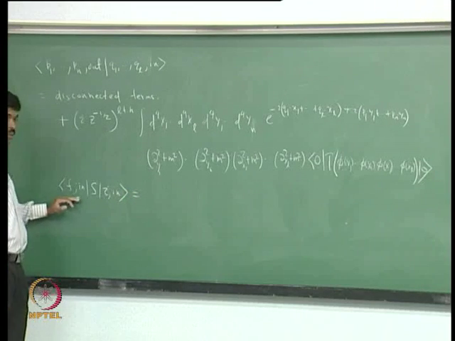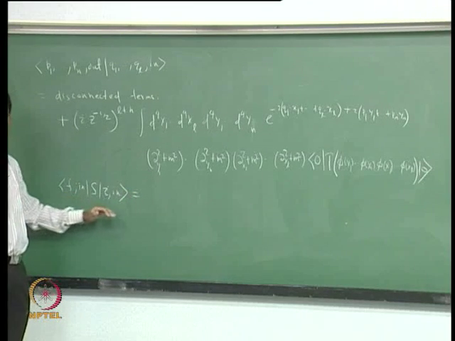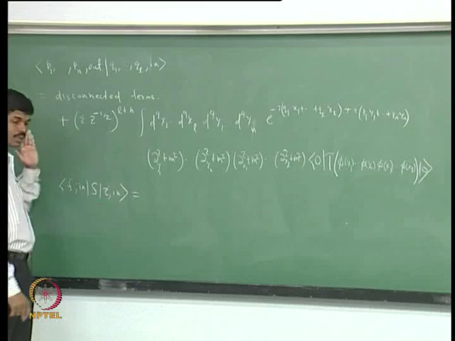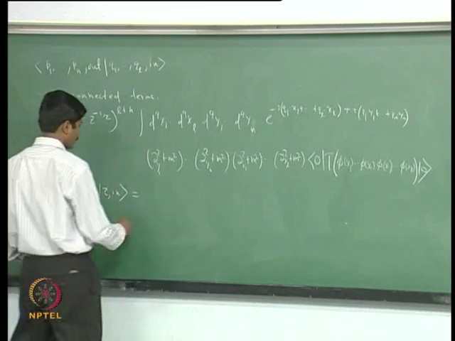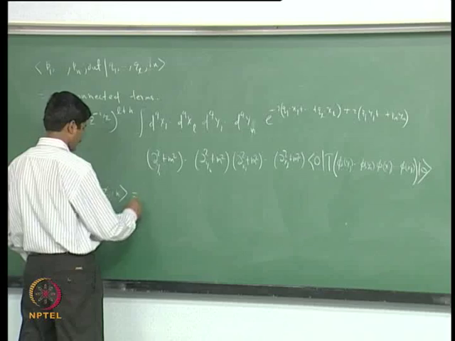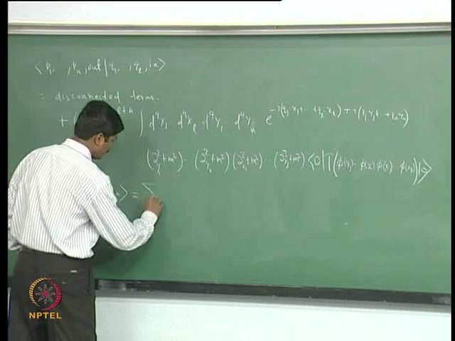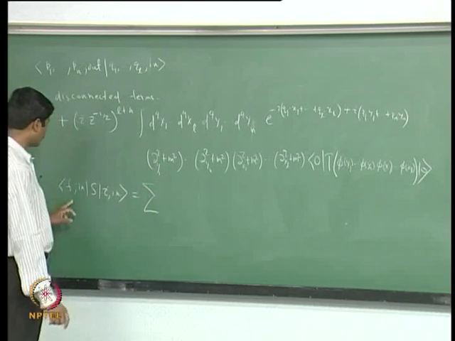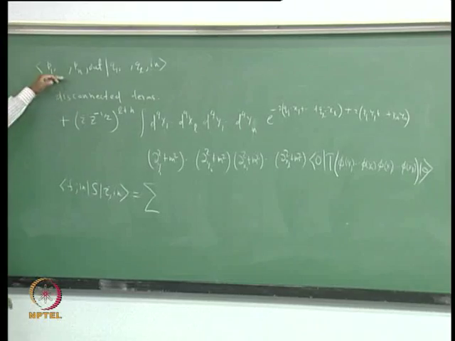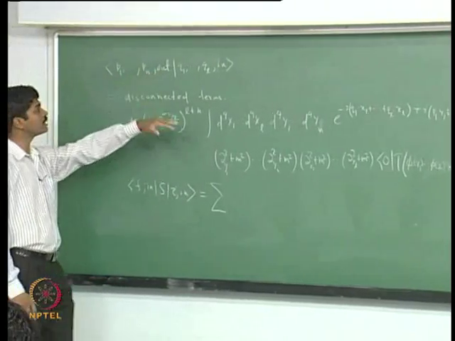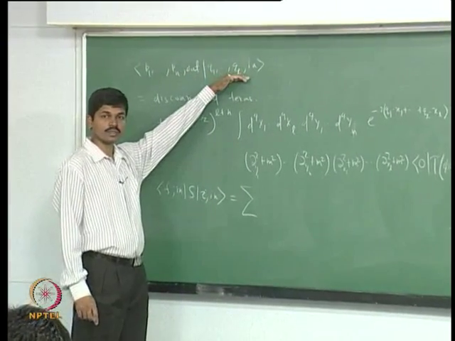You can consider the outgoing state to be a union of various subsets. This is your final state here, this is your incoming state.